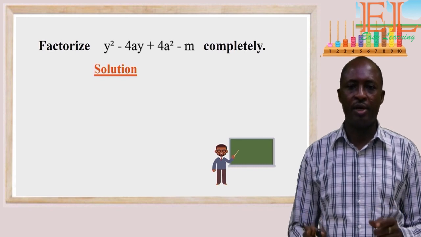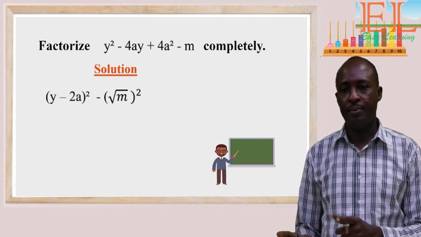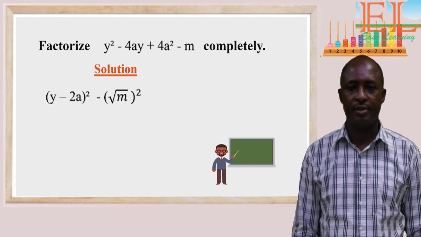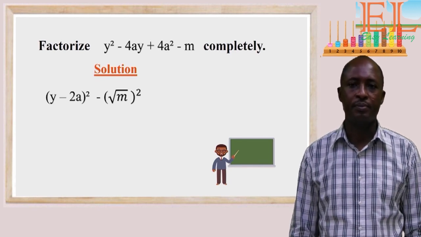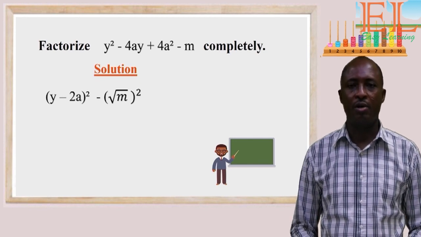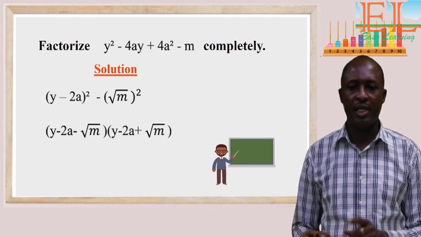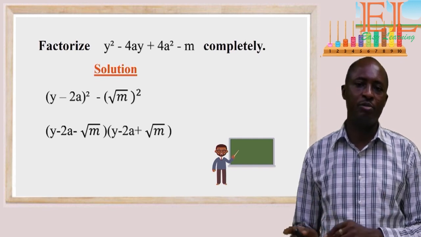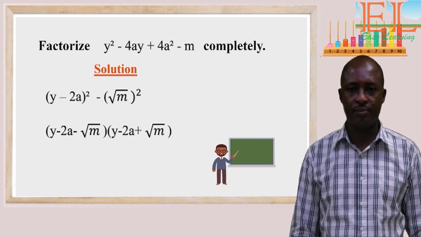And that is the square of y minus 2a. And m can also be written as a square. So I write it as square root of m all squared. Now applying the principle, I'll have y minus 2a minus root of m times y minus 2a plus root of m. And this is the factorized form.